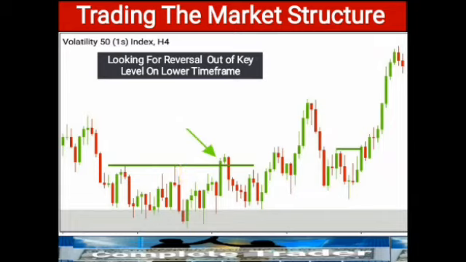So from this high to this low, this is your range. Now, until the market breaks the high, like it does here, we're not expecting to trade or take a position in the marketplace. Price has come to the key level.